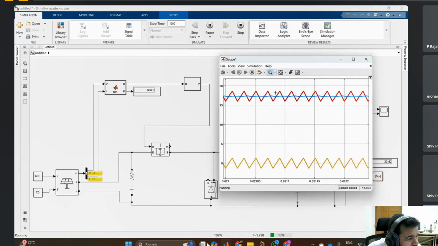Okay, you can see the blue one is output current.